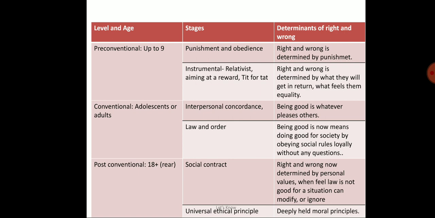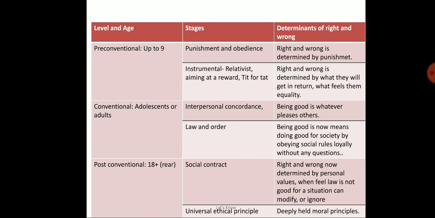The question may ask which level instrumental relativist is, or at which level the stage aiming at a reward or tit for tat is, according to Kohlberg. The answer is the same, and these things are very related.